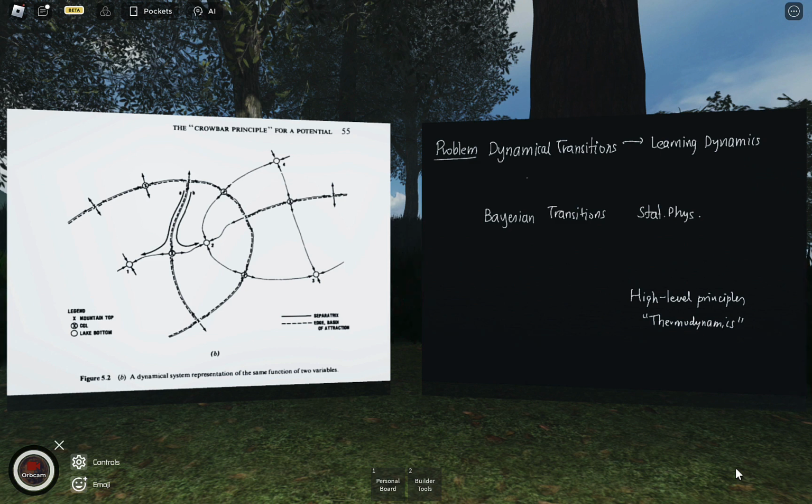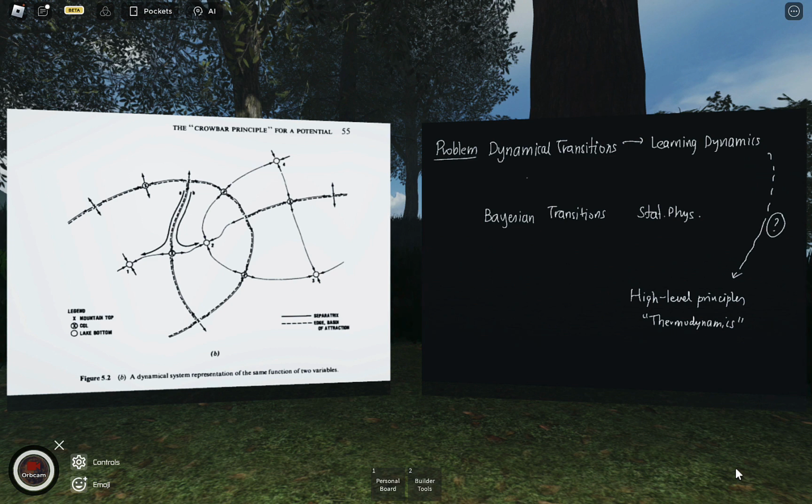Dynamical transitions have mostly been studied by learning dynamics in toy systems where you can write down the equations and make some simplifying assumptions and then study what is going on. Those are cool papers. I'm not trying to criticize them, but it's very unclear how this link is supposed to work. There is no extant principle in mathematics or physics that would get you from a detailed level understanding of that to high-level principles, at least that I'm aware of, that doesn't factor through something like statistical physics.